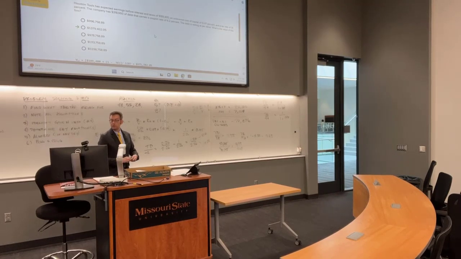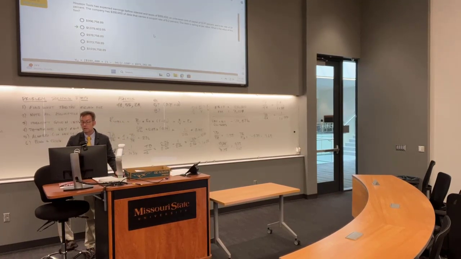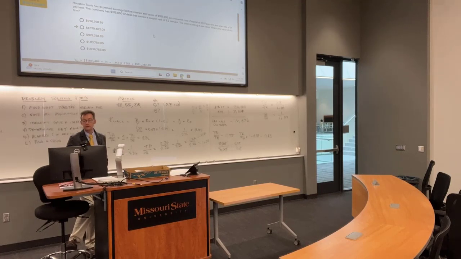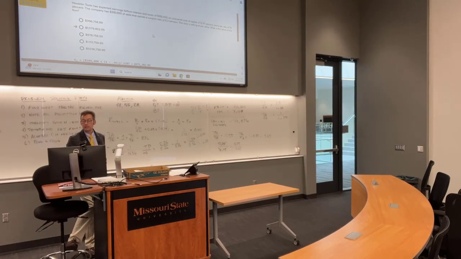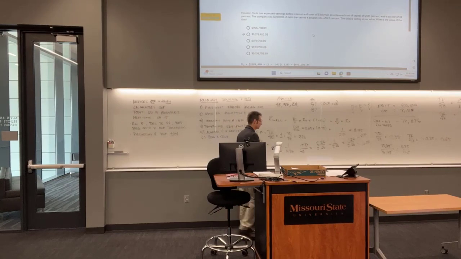Houston Tools has expected earnings before interest and taxes of $189,400, unlevered cost of capital of 12.87%. So they're asking what's the value of the firm. And they've got a tax rate there. So they're asking what is the value of the levered firm.